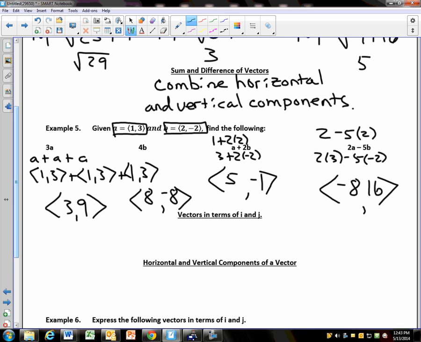So 2 times A. You need to do X and Y separately. So this is the horizontal component. So we did 2 times 1 minus 5 times 2. That gives us the horizontal component.